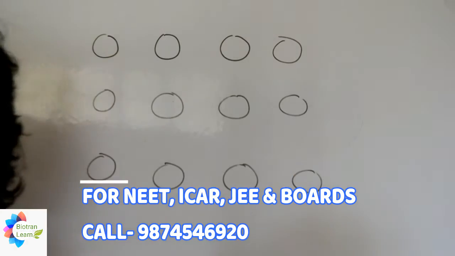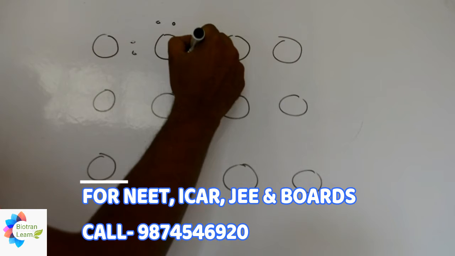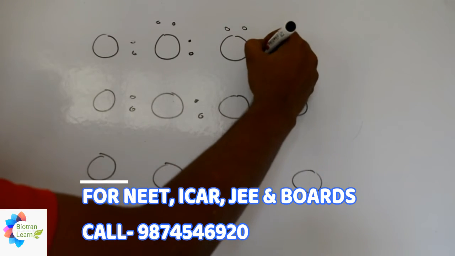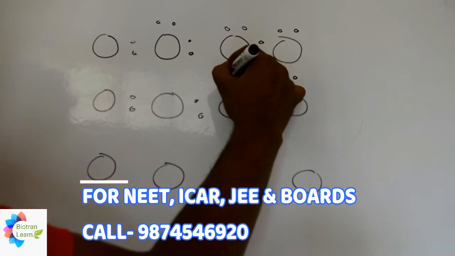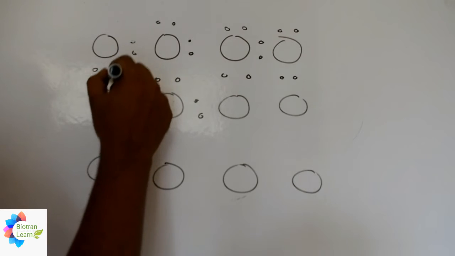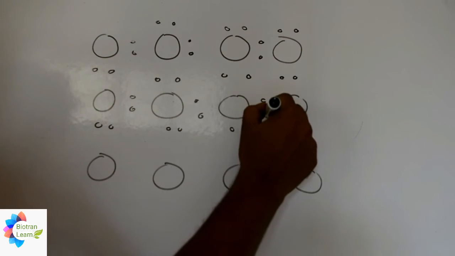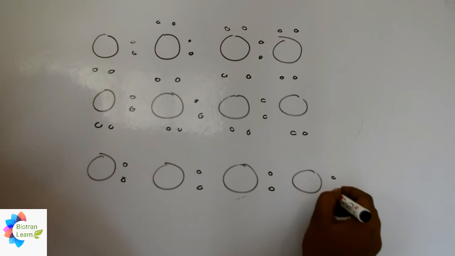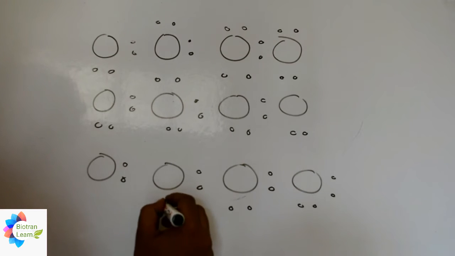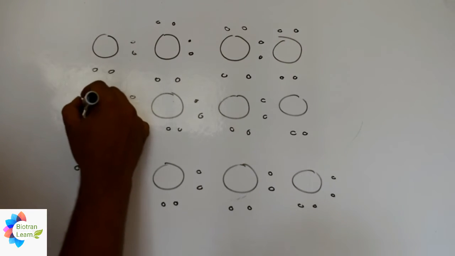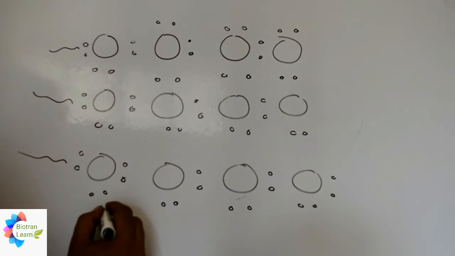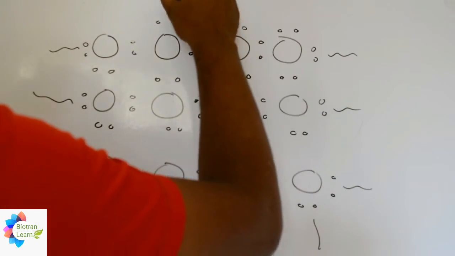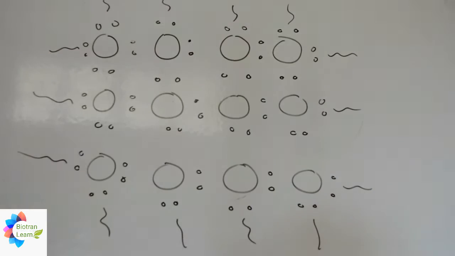In this perfect crystal system, these spiral lines show that there is certain continuity among these, right?